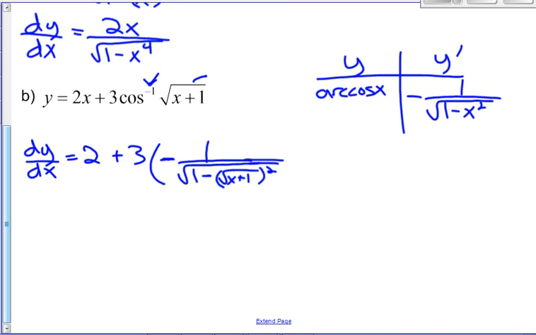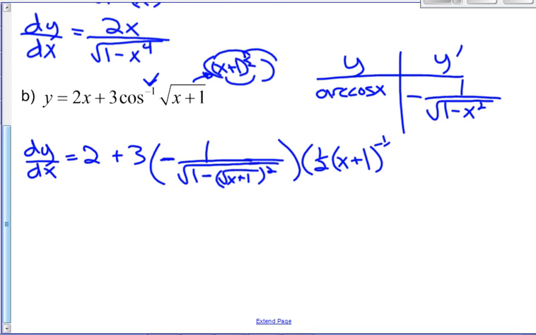Now I think of this thing here as x plus 1 to the half, and its derivative is going to be 1/2 x plus 1 to the negative 1/2. And I could also think about going further in. If I go to the innermost part, which is this x plus 1, that has a derivative of 1 from the chain rule.